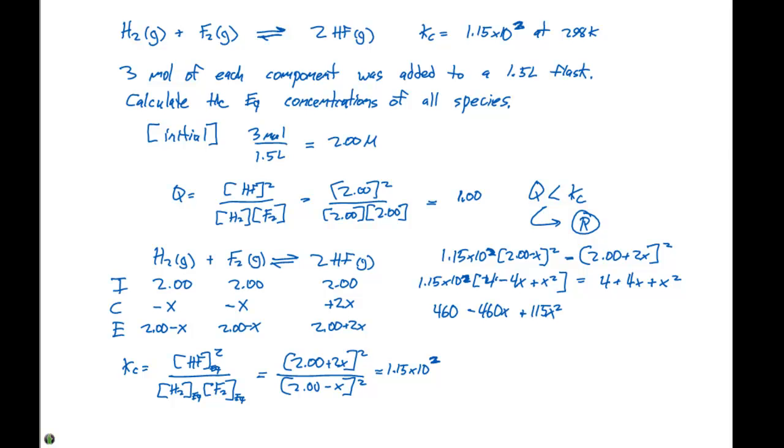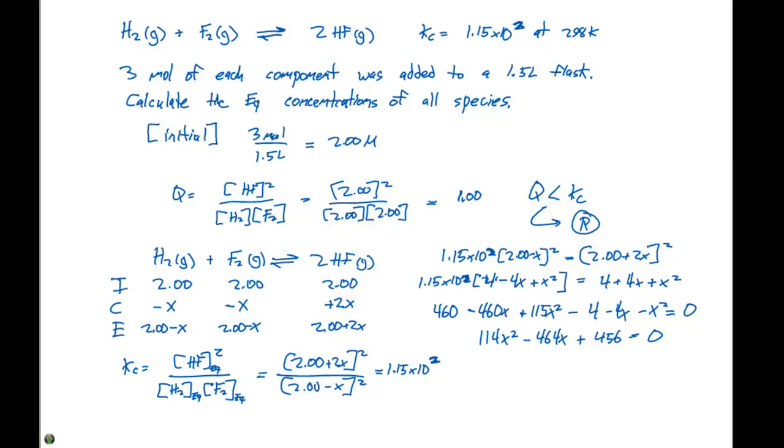We bring everything back over to the left side of the equation, minus 4 minus 4x minus x squared equals 0. If we combine like terms, we're going to have 114x squared minus 464x plus 456 equals 0.